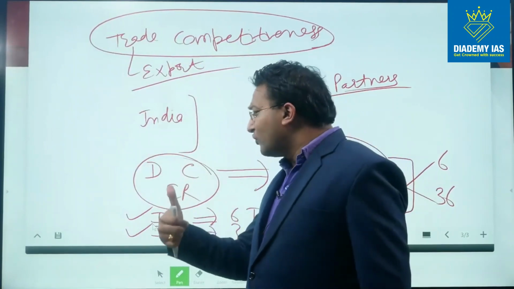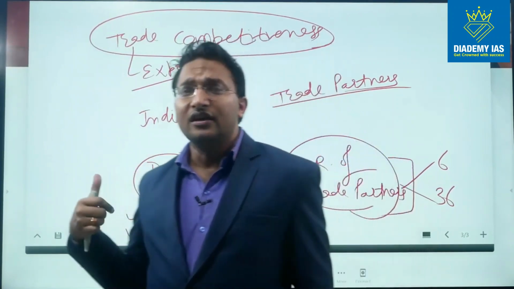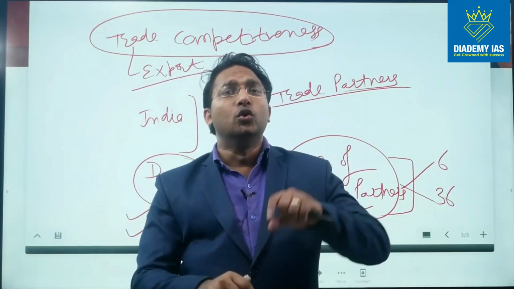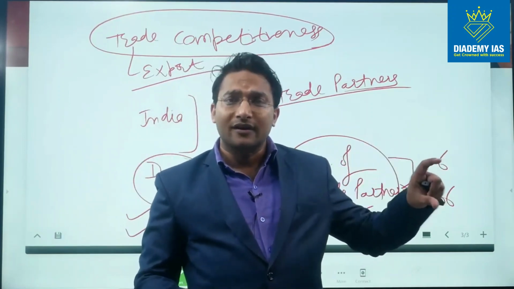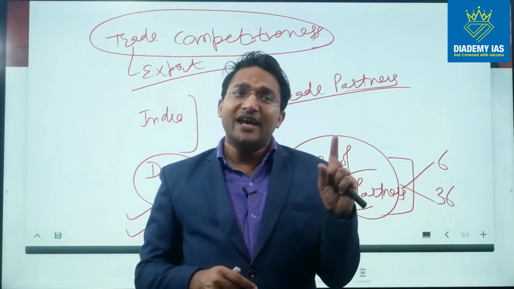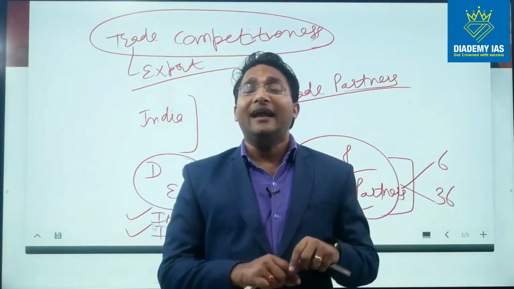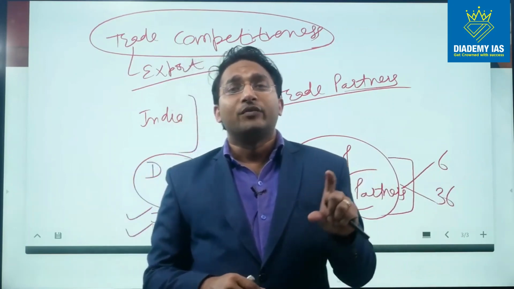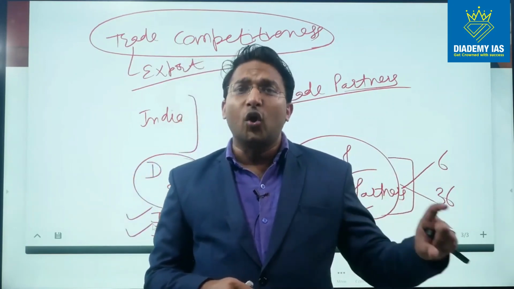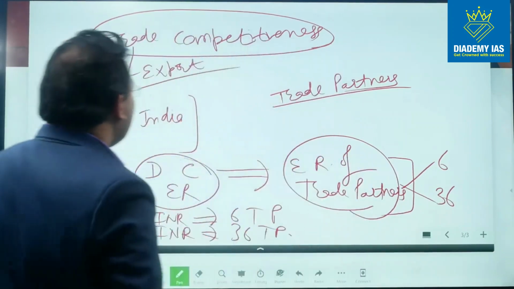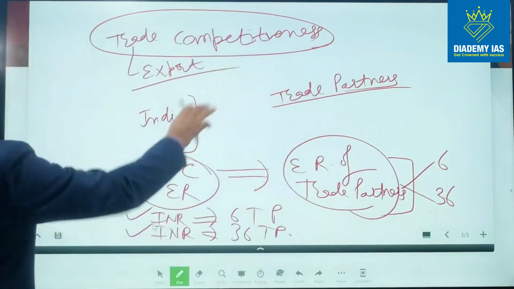The purpose of calculating the effective exchange rate is to check the export competitiveness of India in relation to its major trading partners. At one level, we check it with the top 6 trading partners, and at another level, with the top 36 trading partners. This is how we calculate the trade competitiveness.